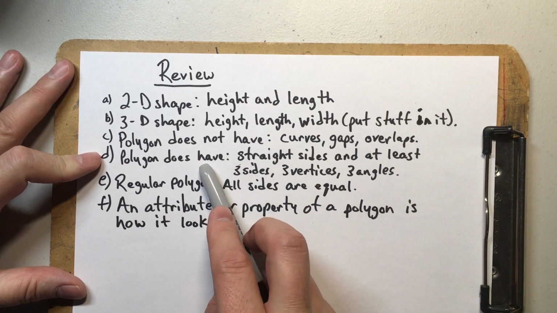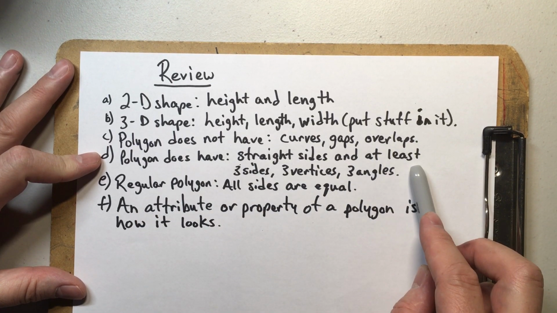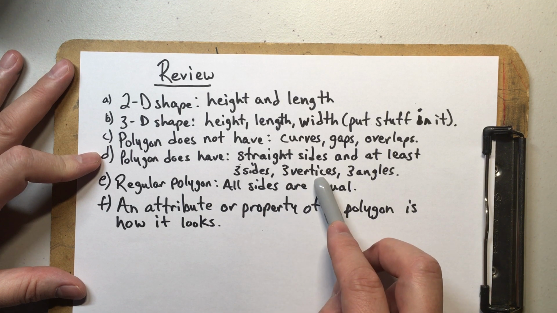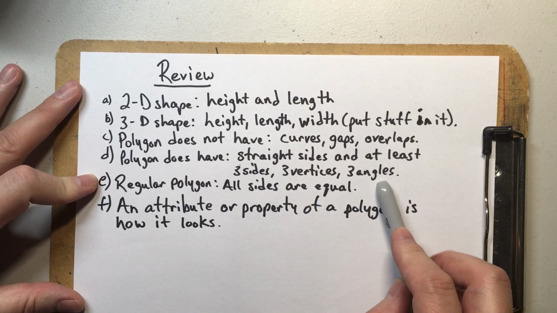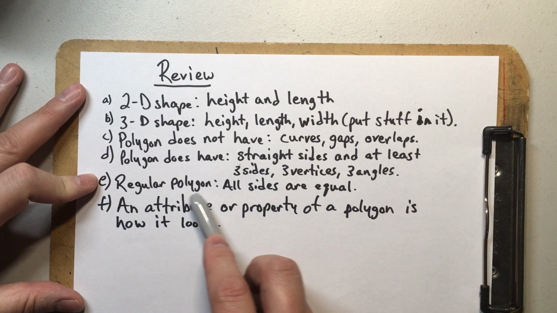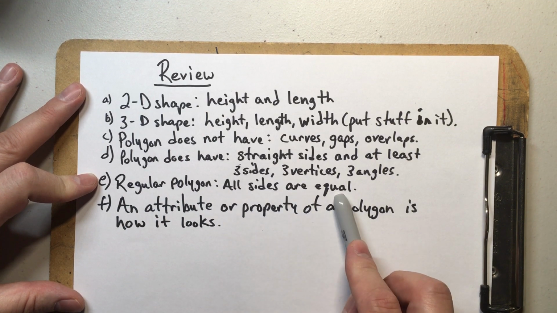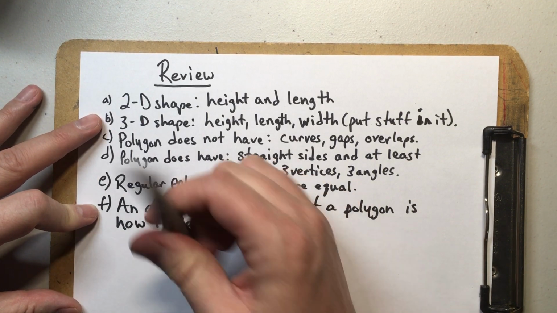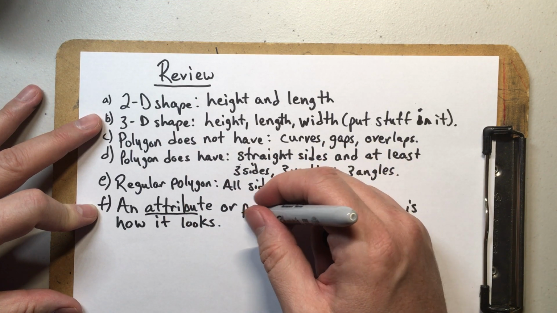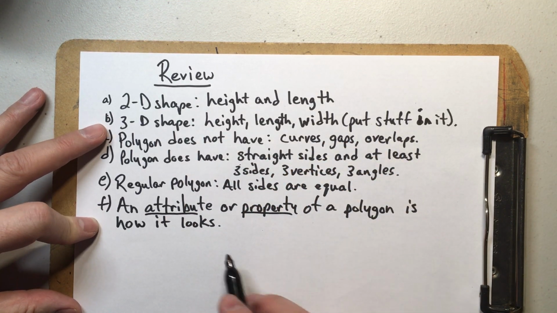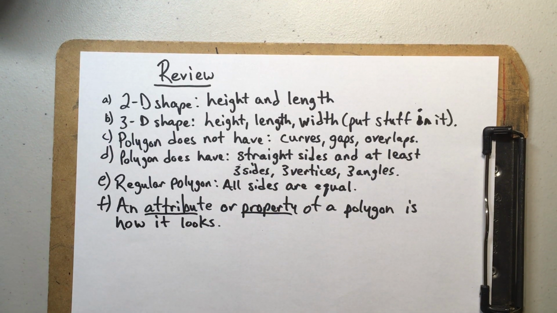A polygon does have straight sides and at least 3 sides, 3 vertices, 3 angles. A regular polygon, all sides are equal. An attribute or property of a polygon is how it looks. And like I said before, it gets a lot deeper than that.